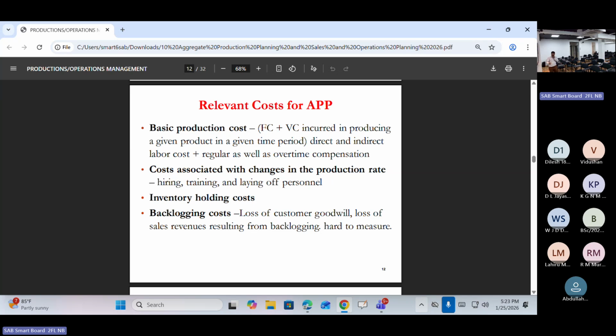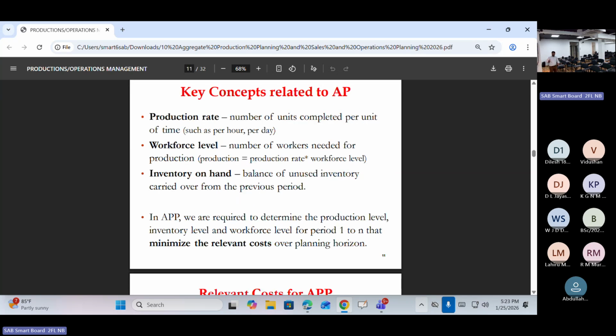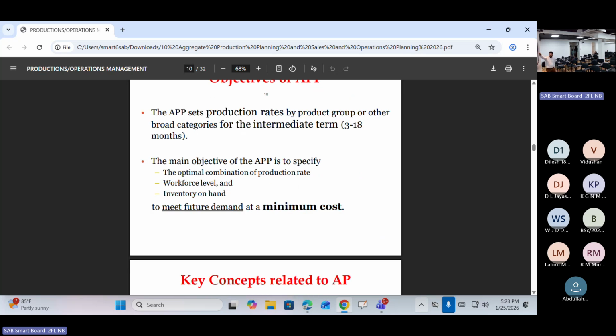So before the break, we identified now in the aggregate production planning. The main objective is to specify these three things. Right.